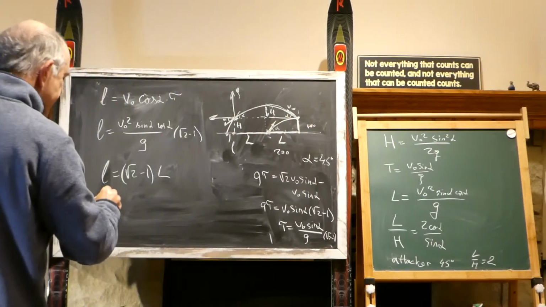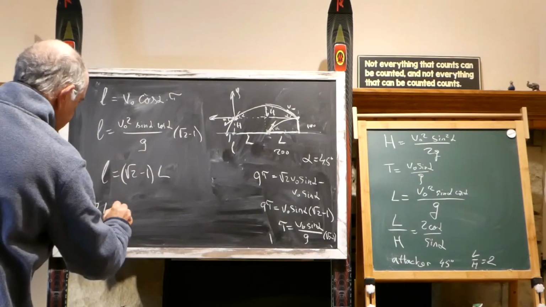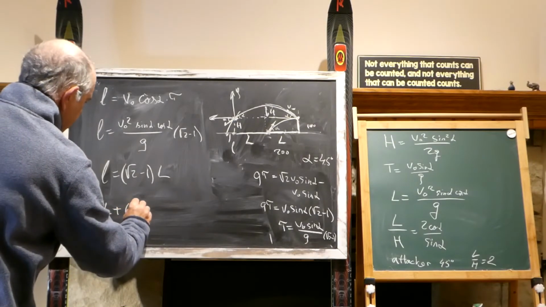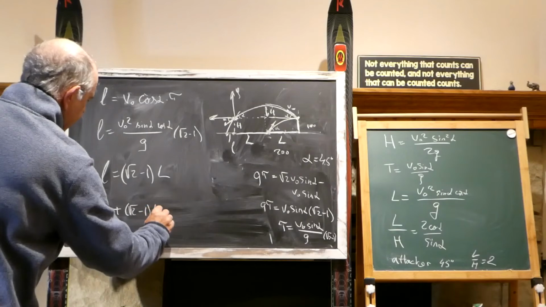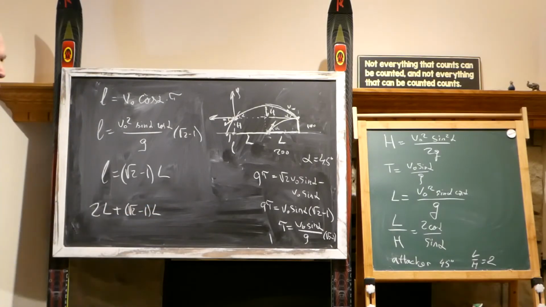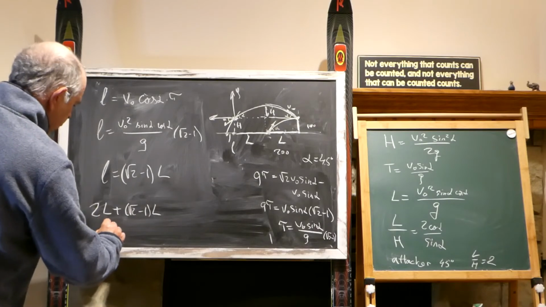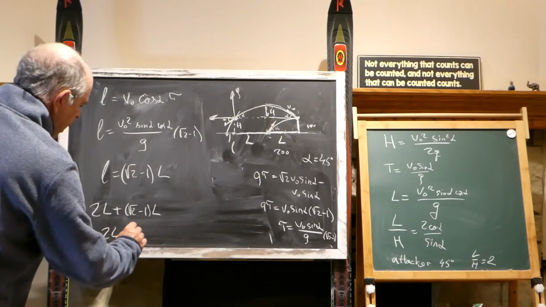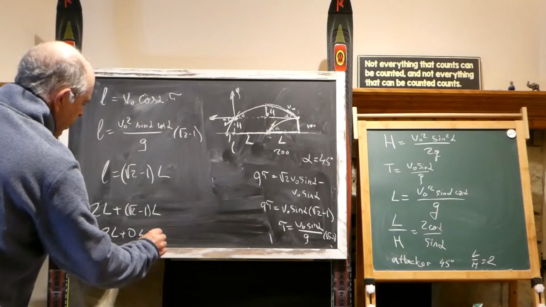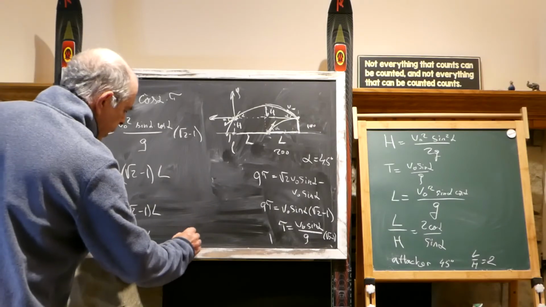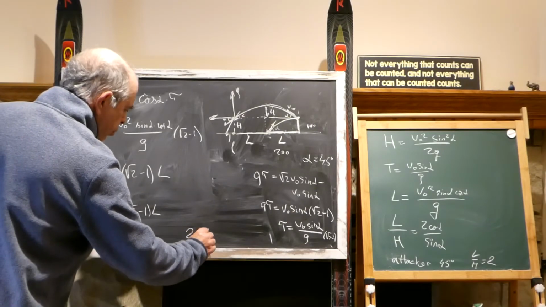I will cover the distance 2L plus the square root of 2 minus 1 times L. The square root of 2 is 1.4 minus 1, it would be 0.4. So I will cover the distance 2L plus 0.4L. 2 apples plus 0.4 apples, I will cover the distance 2.4L.